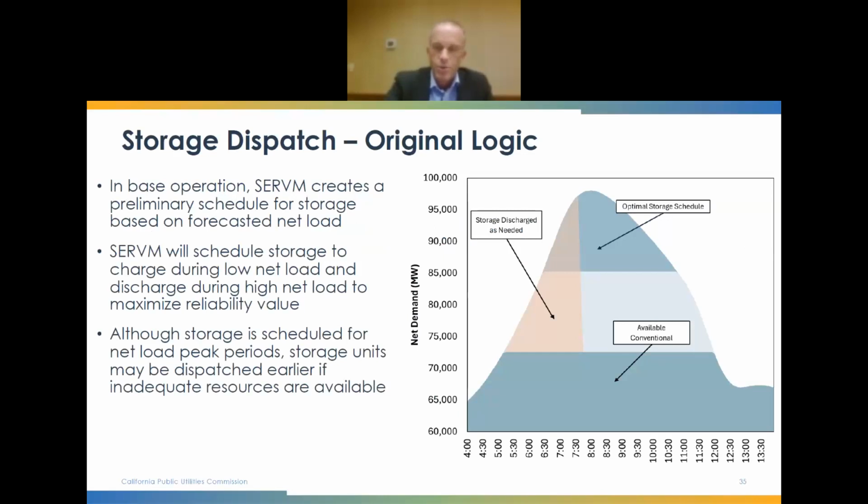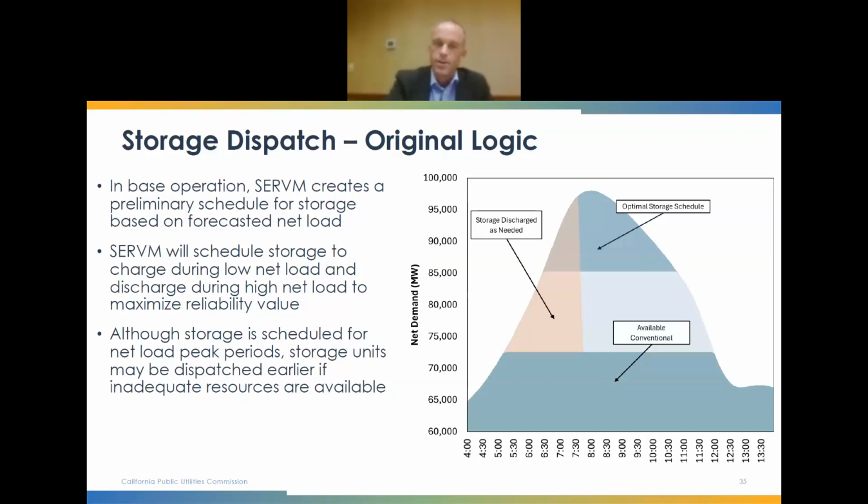So just thinking about actual operations of the system, how do we operate batteries in a case where we know that we're going to have a shortfall? On a day with really high peak load, this is just a generic example, a 100 gigawatt system, where we only have enough conventional resources to meet 72,000 megawatts of load. Beyond that, we're going to have to dispatch other resources. We have two options.